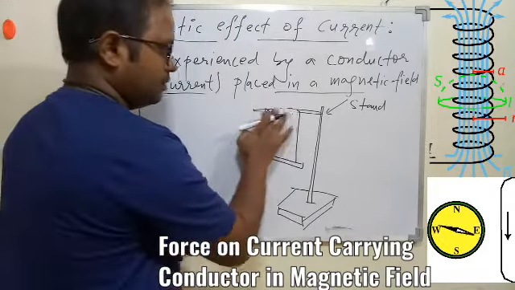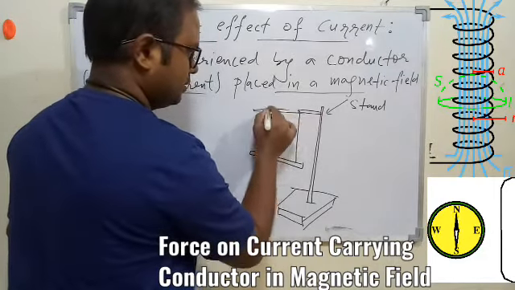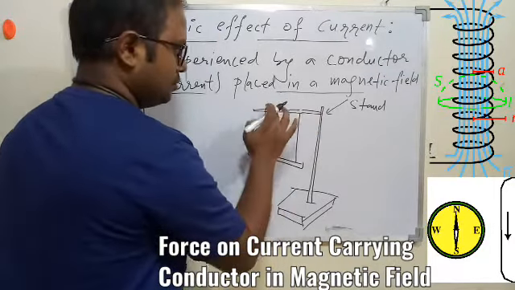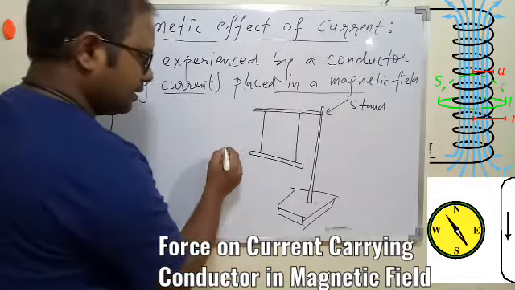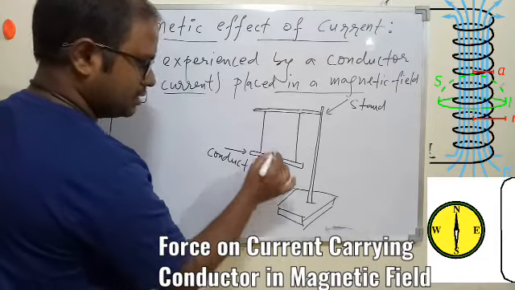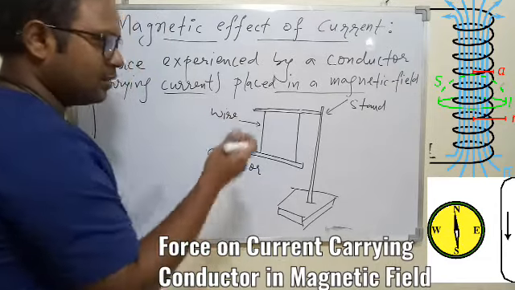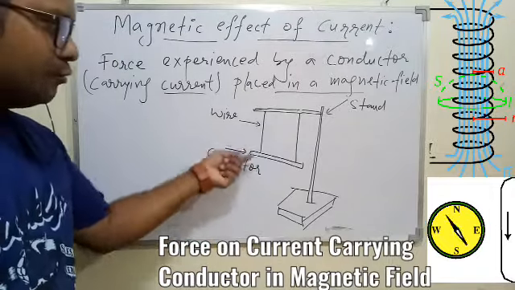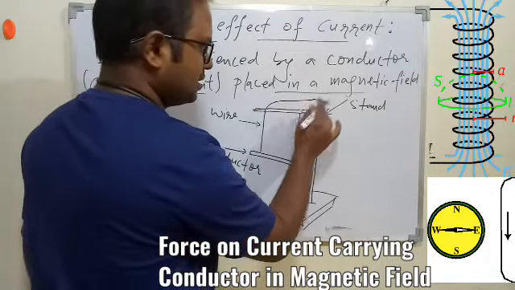Okay, let's modify this diagram. So this is a conductor which is connected with a wire, and the wire is non-insulating, that is the current can flow through this conductor, and this wire is basically a part of the circuit.